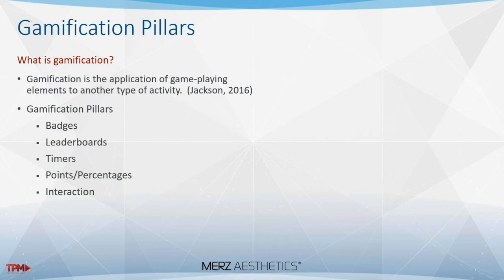Now, what are those gamification elements that you should bring in? The most traditional ones, considered the gamification pillars, are badges, leaderboards, timers, points and percentages, and interactions. What we're going to do in this presentation is go through them in this section and explain to you how they can work.